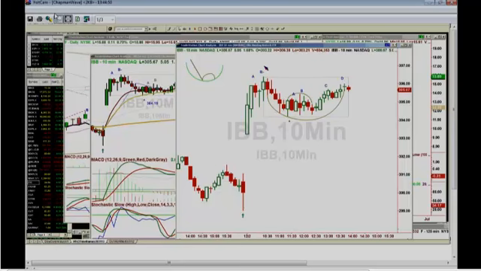In this case, it should attempt today to get to the 306.38 area. We'll see if it's possible. It's already gone to 306. So it just needs another 38 cents.